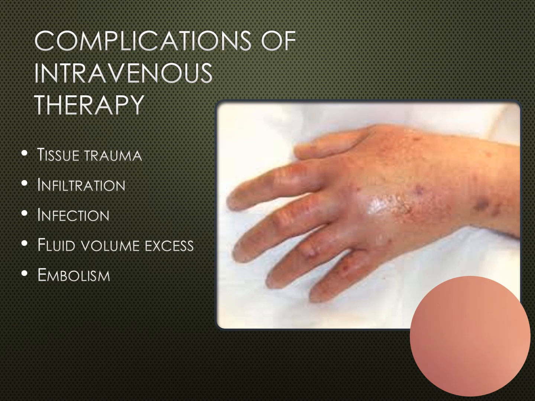Monitor the client and the IV system for excessive fluid volume. Use flow control devices if possible. A flow control device should always be used in pediatric infusions, preferably in the older adult.